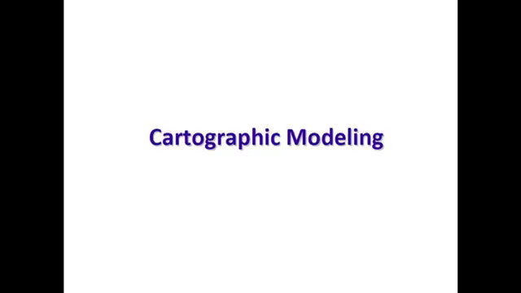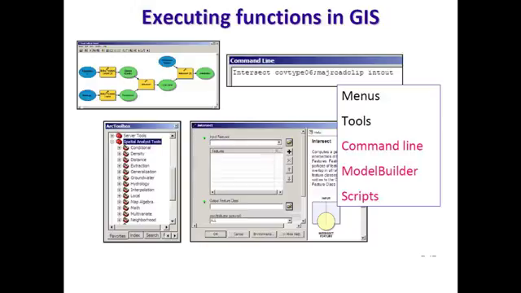So that's the sort of big term we use when we're talking about laying out that analysis process. And we can do that in different types of ways. And it looks different depending upon which program we're using, but every program is going to give you an option for doing this.